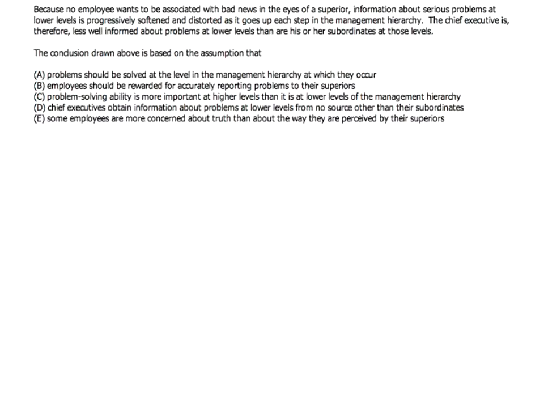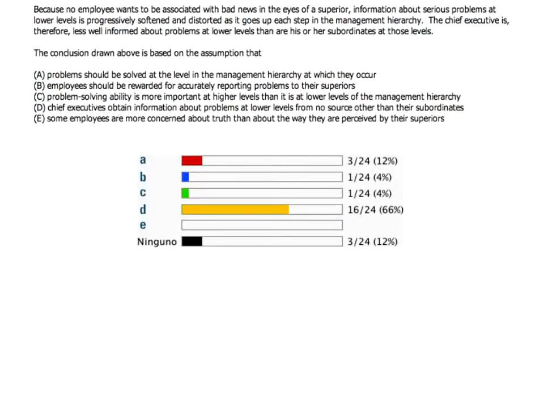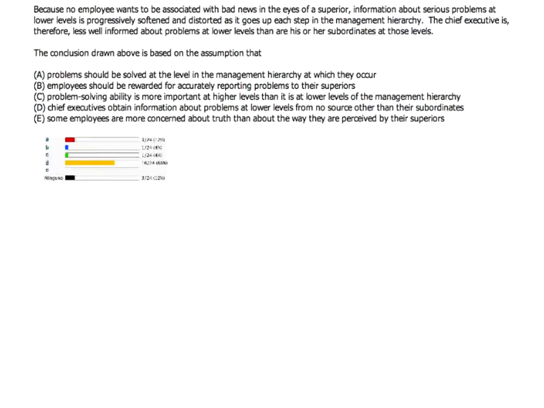Remember that you've got to answer every problem on the GMAT. Okay, so here's what you got. There's a pretty strong majority here in favor of D. But let's take a look.